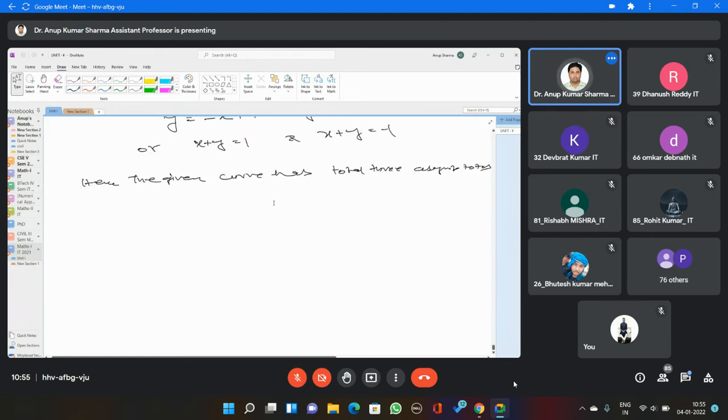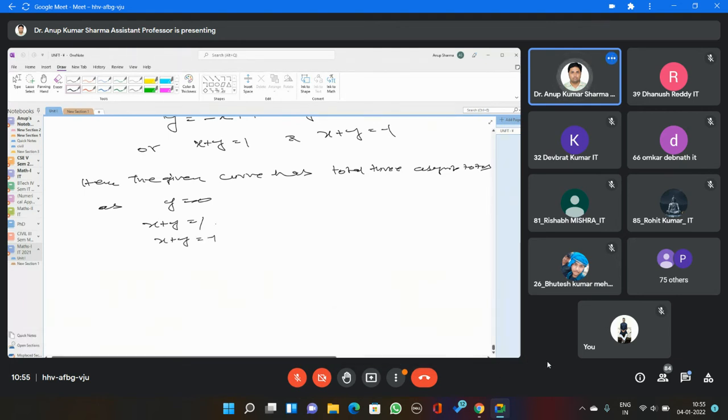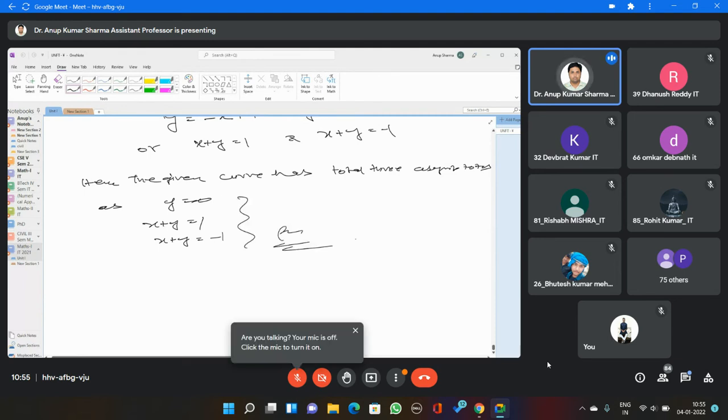The given curve has total 3 asymptotes as y is equal to 0, x plus y is equal to 1, and x plus y is equal to minus 1. Answers.